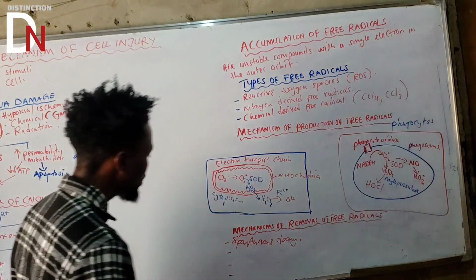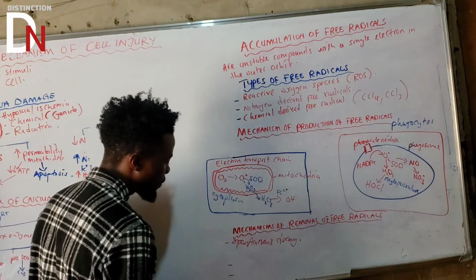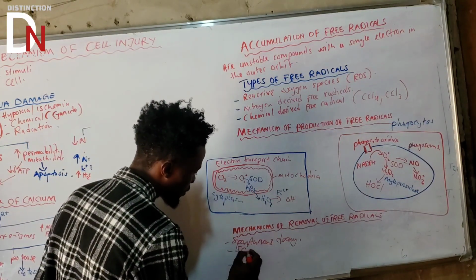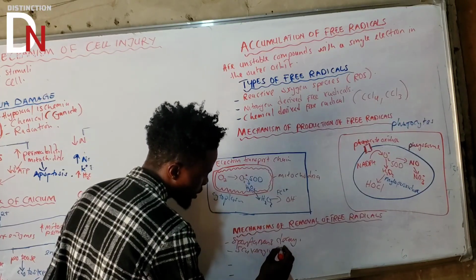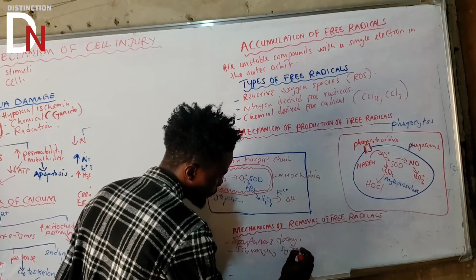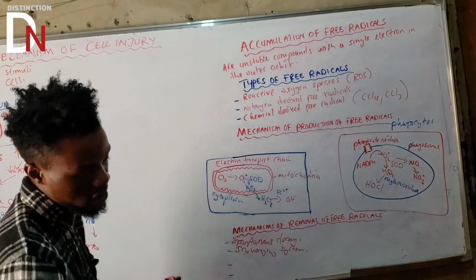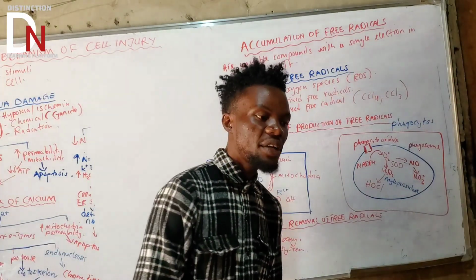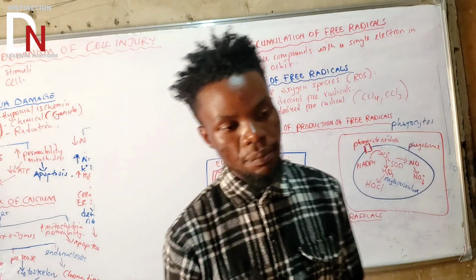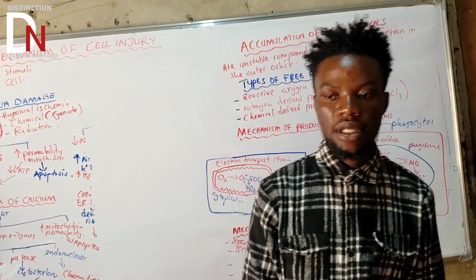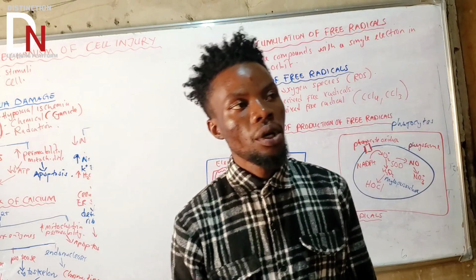The second one is using the scavenging system. There are a lot of scavenging systems. A good example is a certain enzyme like glutathione.